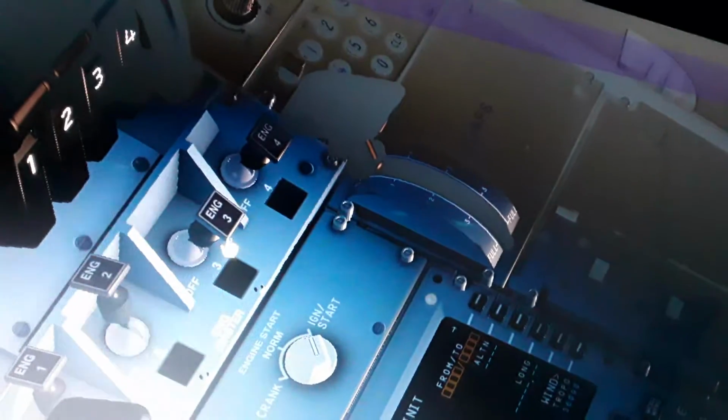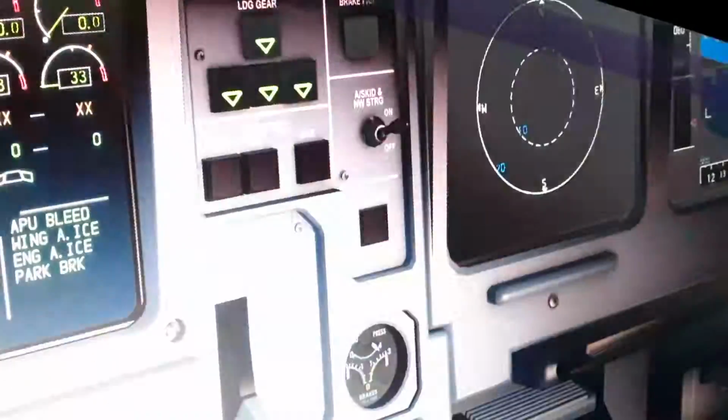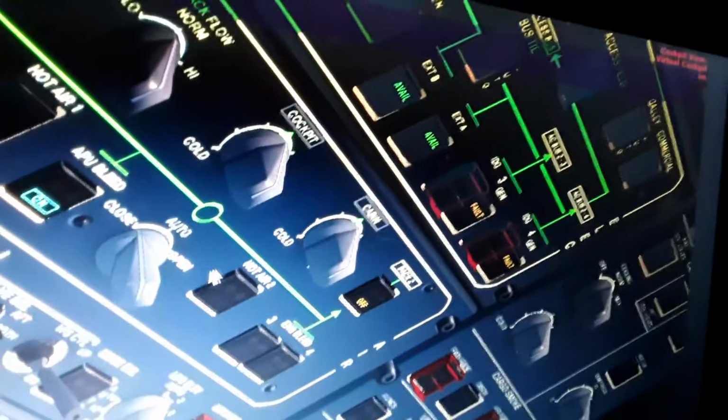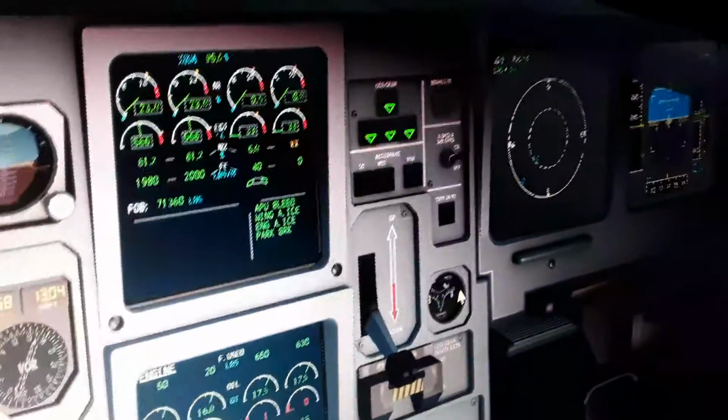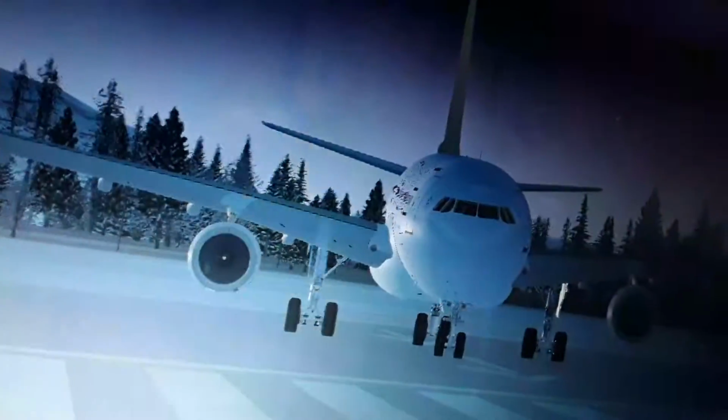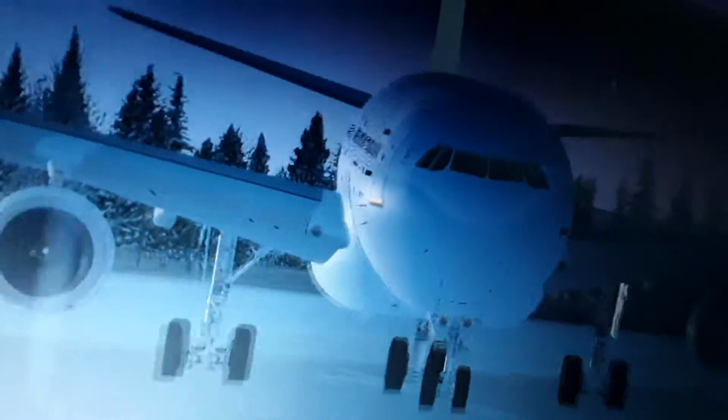So I'm going to continue with the number 3 and number 4, but first I'm going to turn this in the auto position maybe. So I'm going to turn number 3. Cannot see it very well actually.